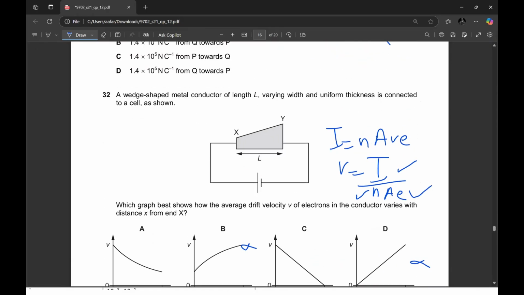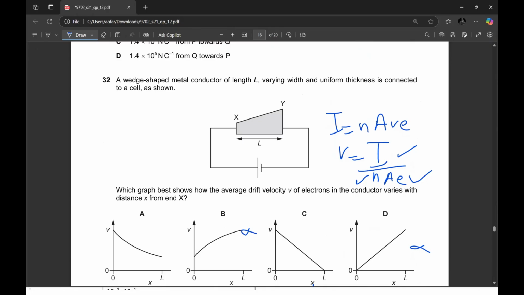Now we need to figure out whether it's A or C. The velocity can never be zero, even if it reaches L, since it has to move with current. So I think it's going to be A.